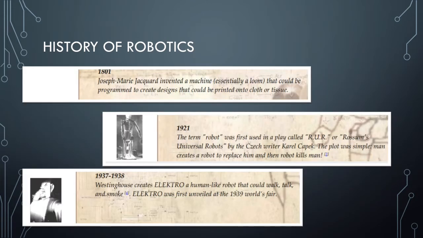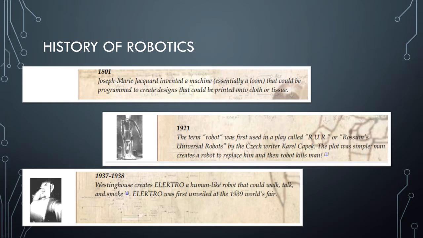And then we see in the 19th and 20th centuries the development of robotics really starting to pick up. In the 1800s, Joseph Marie Jacquard invented a loom that could be programmed to create designs to print onto cloth.